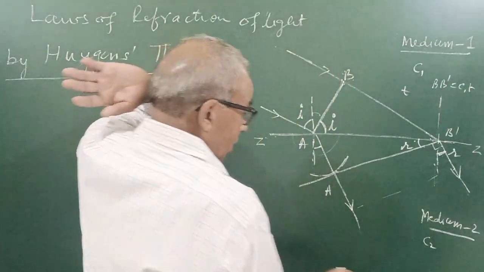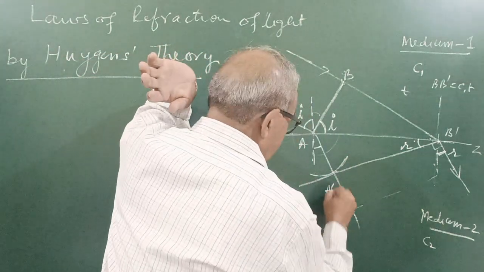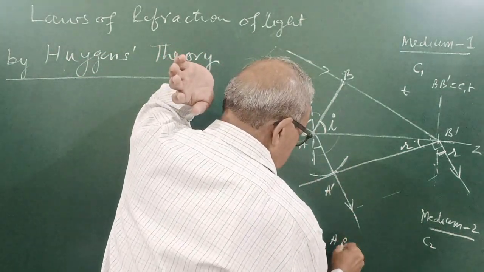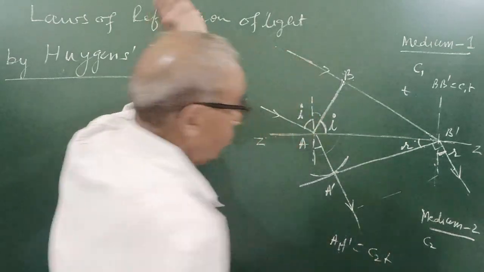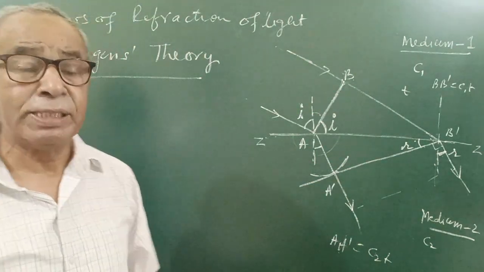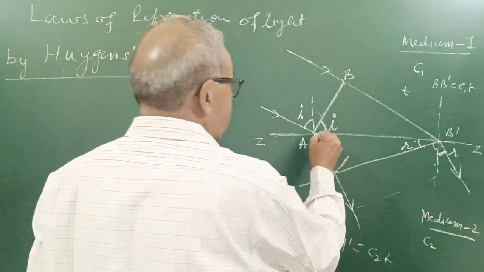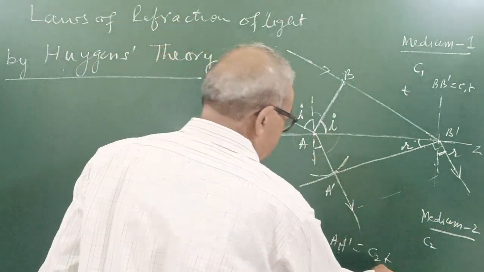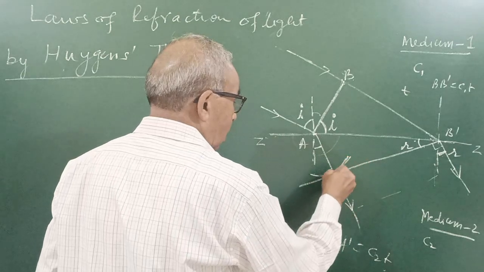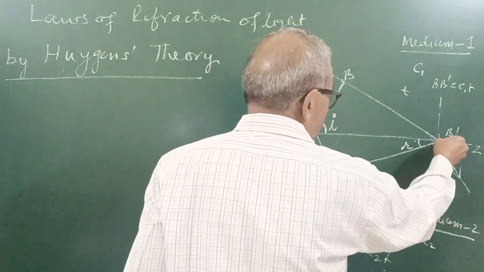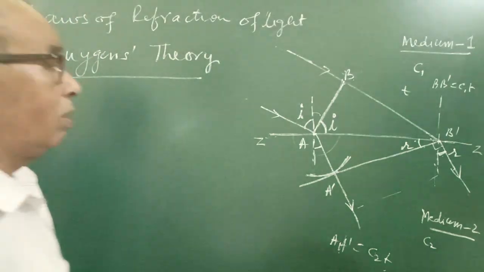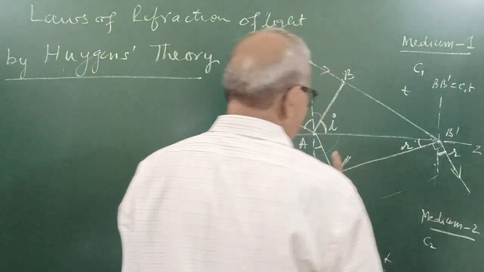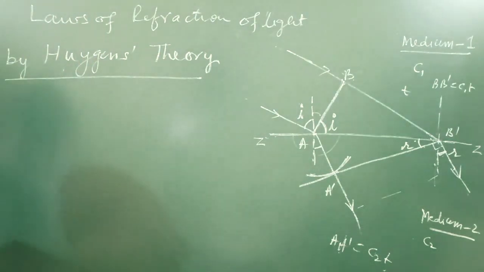But in this time t, AA dash is equal to c2t, because here the speed is different. So we take point A as center, take radius c2t, draw an arc, and a tangent from B dash to this gives the refracted wavefront. So B dash A dash is the refracted wavefront.